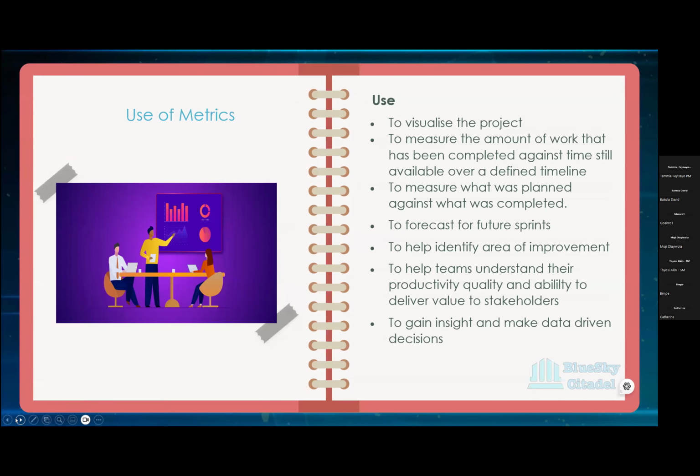How do we improve so that such things don't happen in the next sprint, so that we're improving our progress as we go along, and we're increasing our pace also, so that you have a sustainable pace as you work as a team. It's able to help you identify those areas of improvement. It helps the team also to understand their productivity, the quality, and their ability to deliver value to the stakeholders.